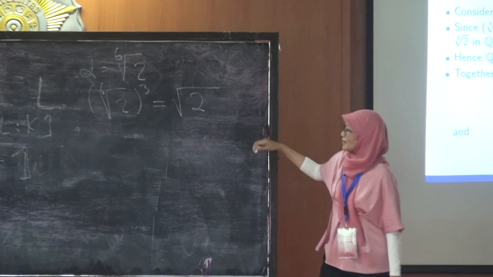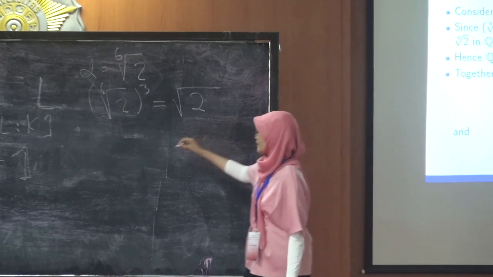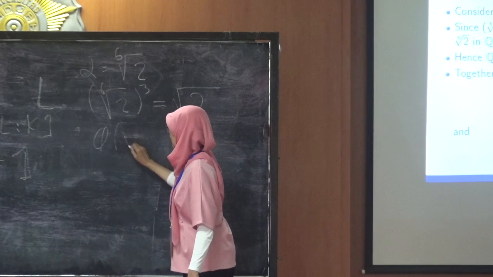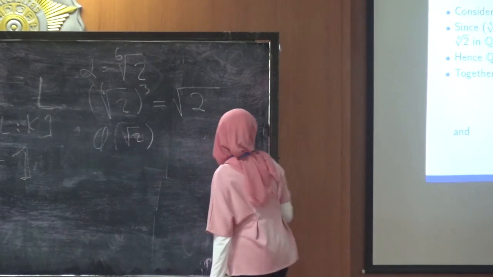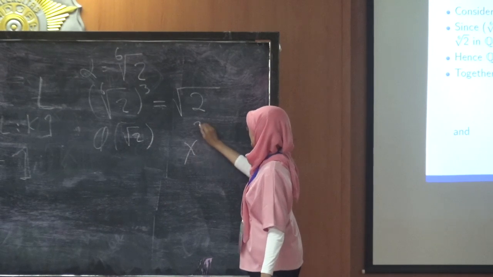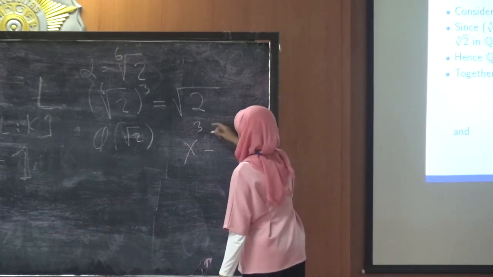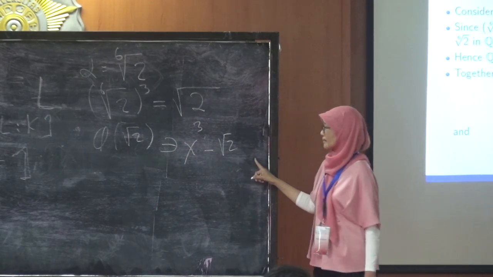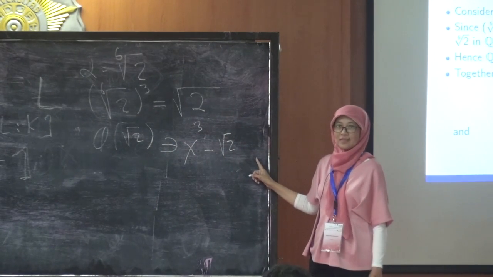It means we have a polynomial in Q(square root 2). We have this polynomial x cubed minus this, right?